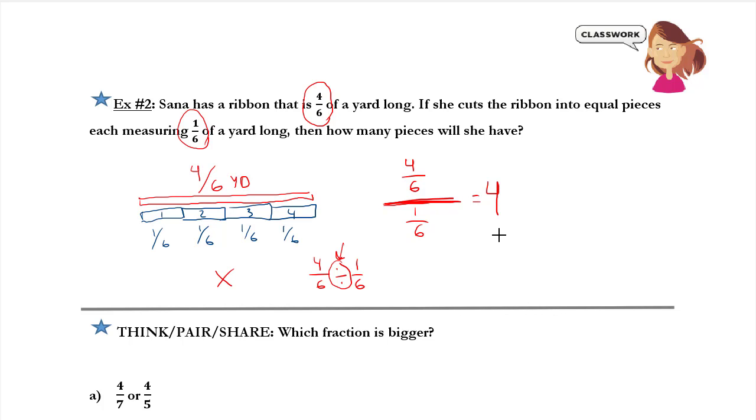And notice, I just want to draw your attention to the fact that this is a 4 divided by 1. And 4 divided by 1 equals 4 as well. So notice that the sixths here, although they play a role in the problem, because we're still dealing with the same type of unit, in this case sixths of a yard, we really don't have to pay too much attention to them, right?